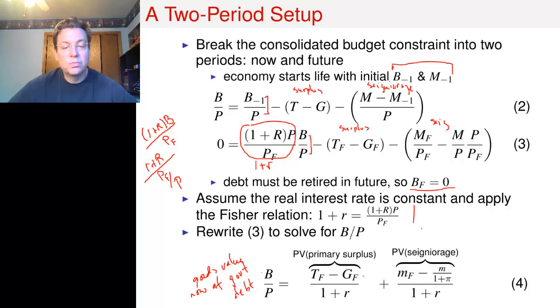Why is this discounted? Well, because TF minus GF and then this MF term, this seigniorage term, these are all in units of goods in the future. So we need to convert them into units of goods today.